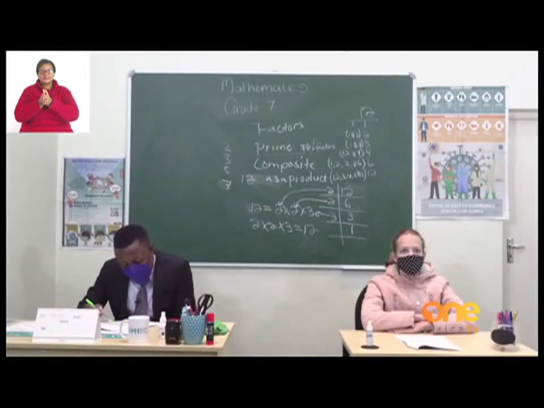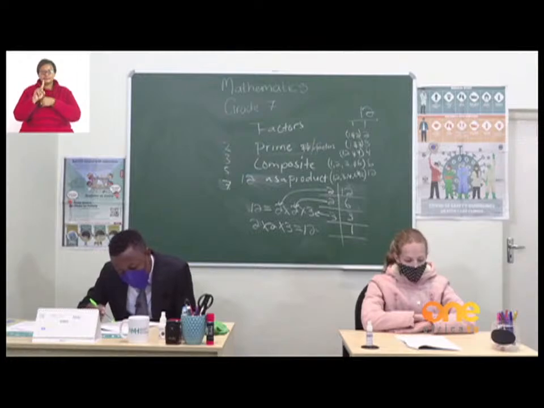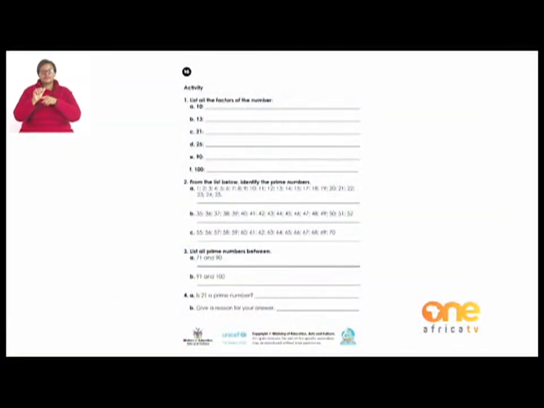Let us now go to page 16 to do the activity. I'll read through the activity and give you guidelines on how to do it. Number 1, you need to list all the factors of the numbers: 10 for A, 13 for B, 21 for C, until F. Then we move to question 2.